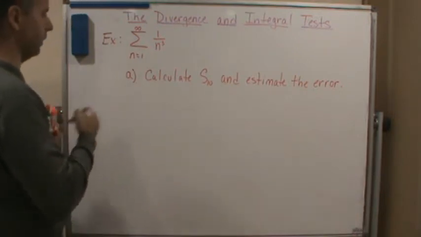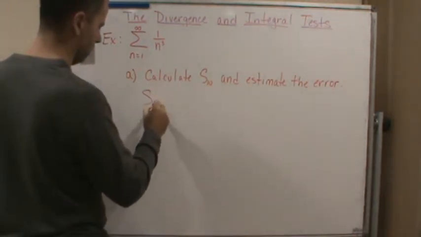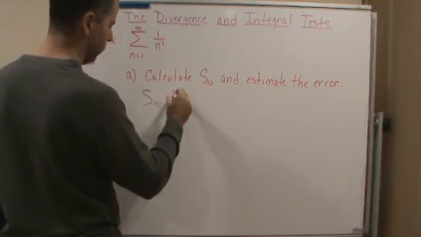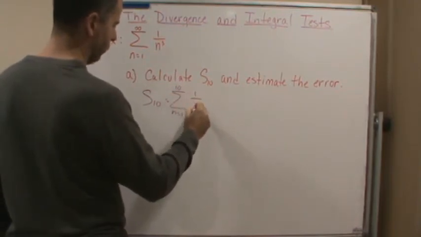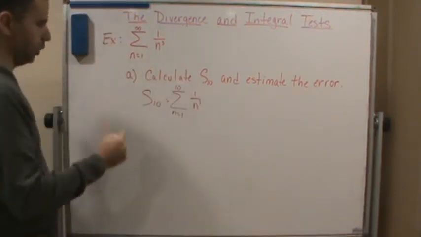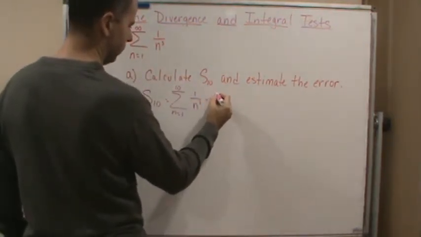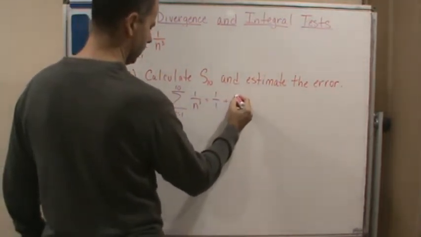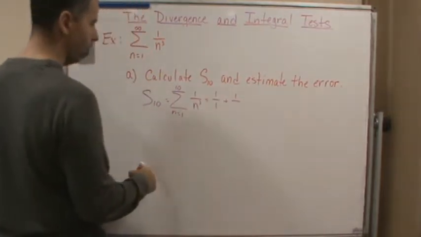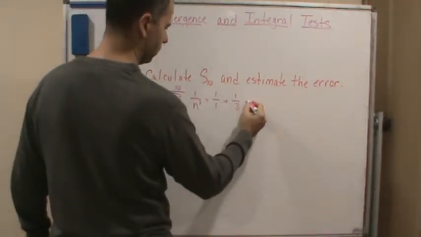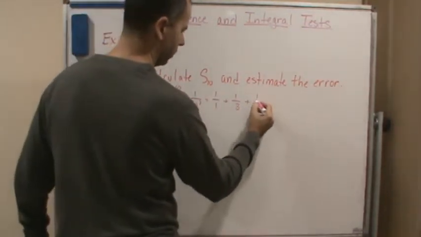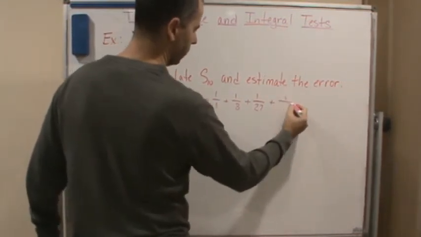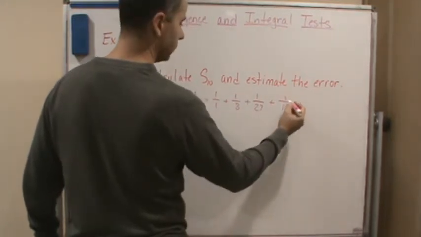So S10 is equal to the summation of n equals 1 to 10 of 1 over n cubed. And so that's going to equal 1 over 1, plus 1 over 8, plus 1 over 27, plus 1 over 64.